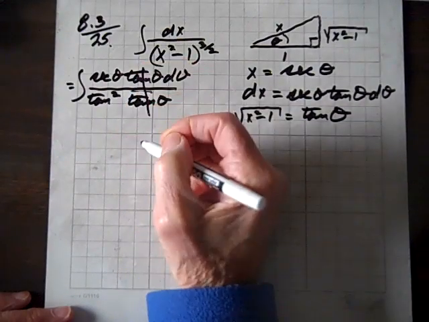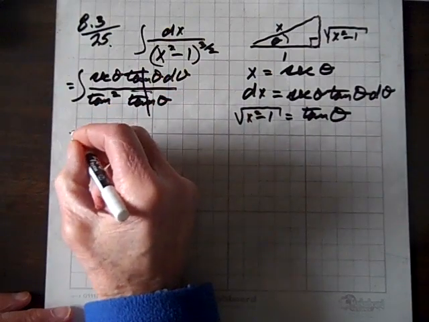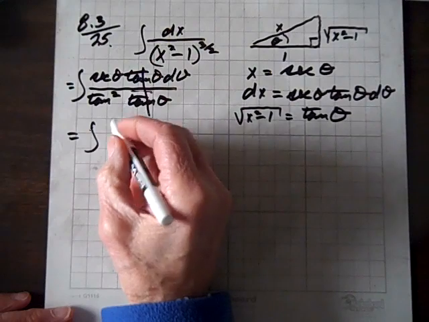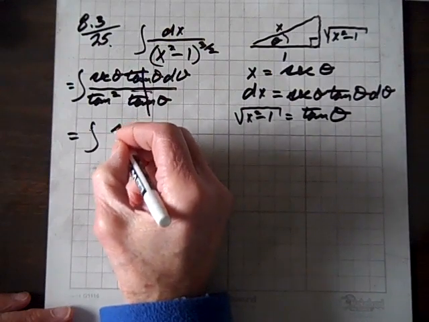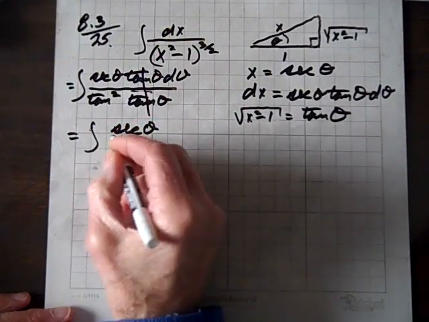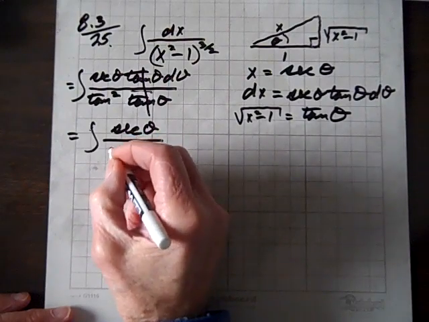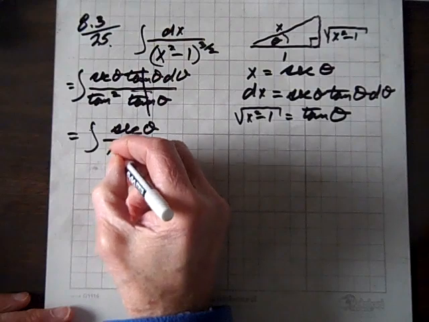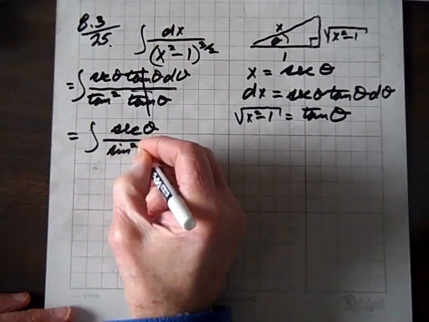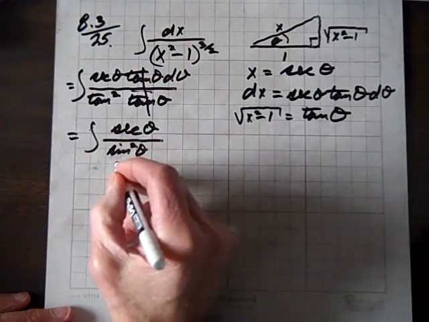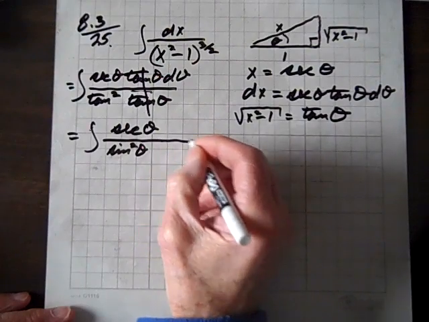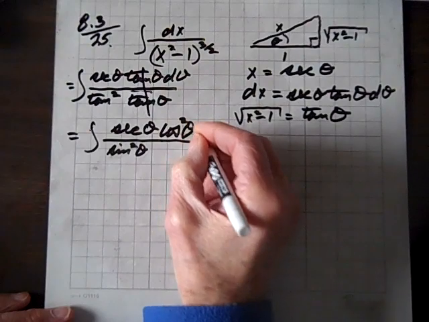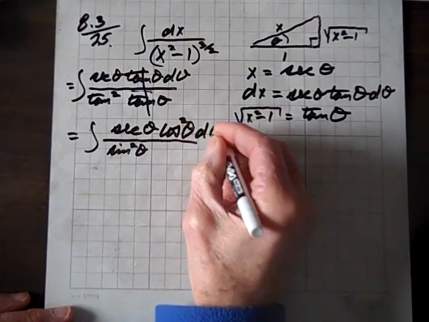Now these divide out, and so we have the integral of secant theta over, and tan squared theta is the same as sine squared theta divided by cosine squared theta, but when you invert and multiply, you'll wind up with a cosine squared theta up here, d theta.